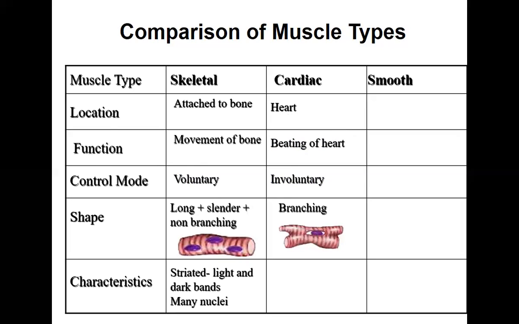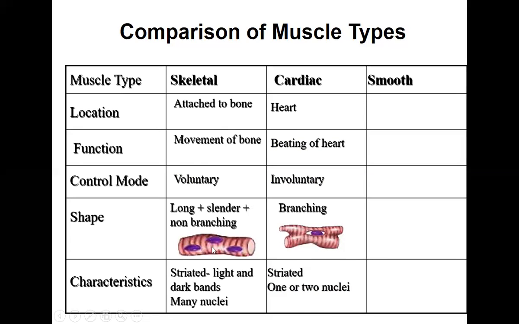Then if you see the shape of the cells, they branch. As you can see here, there is branching. Here there is no branching. Skeletal muscle has no branching, but cardiac muscle has the capacity to branch. Then coming to the characteristic features, they also have striations, just like the skeletal muscle. But the nuclei number only one or sometimes two.